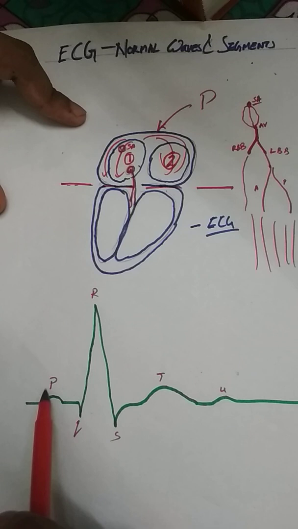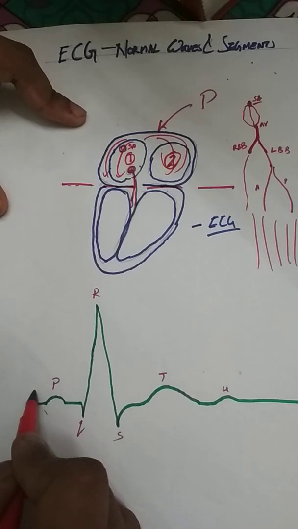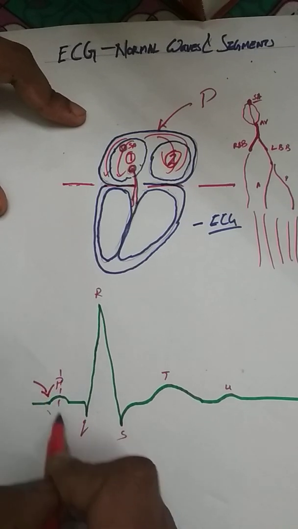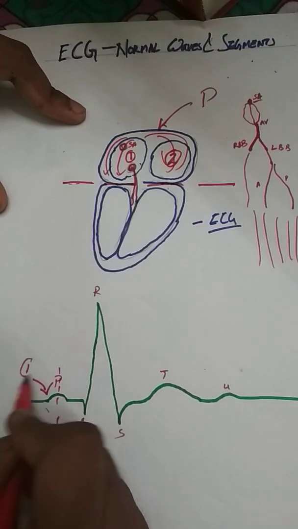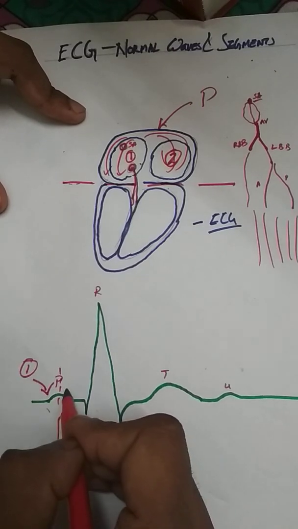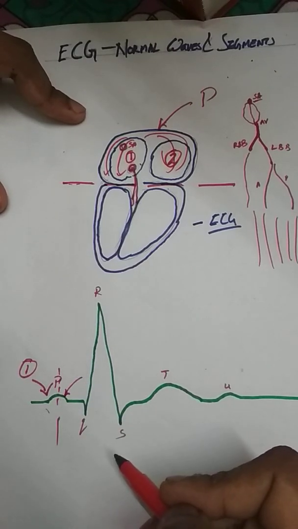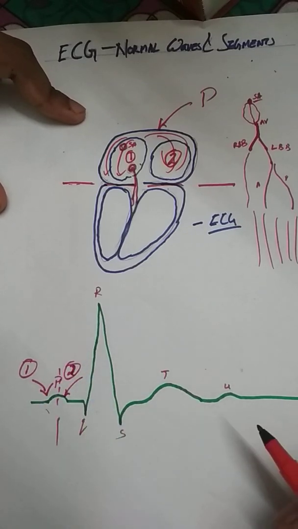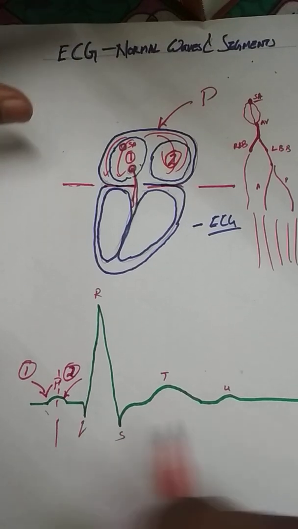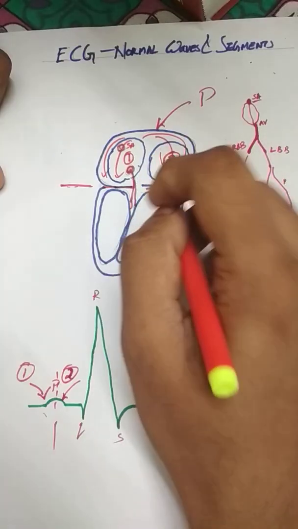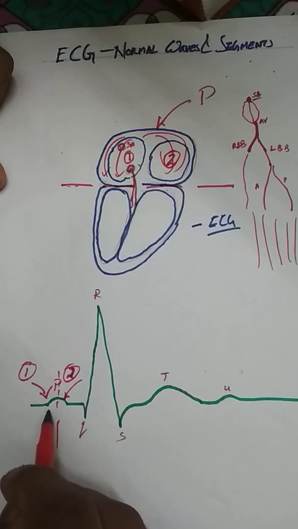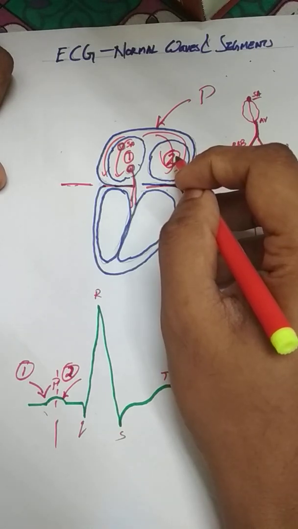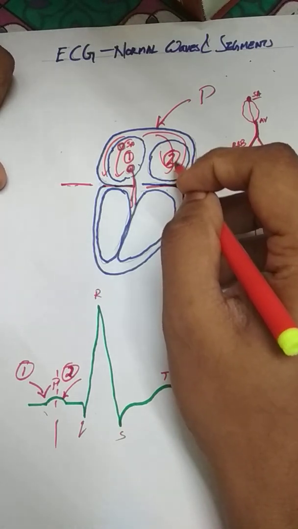Going on to the details of the P wave, the first half of the P wave represents the depolarization of the right atrium, and the second half represents the depolarization of the left atrium.